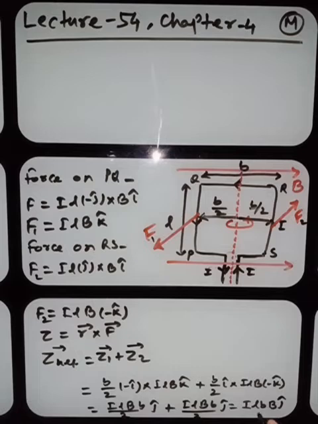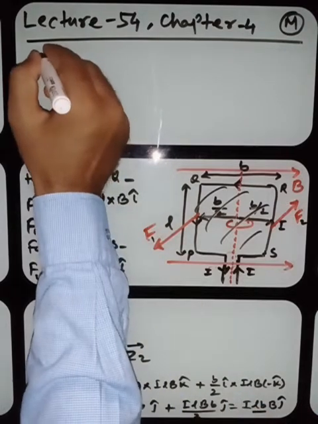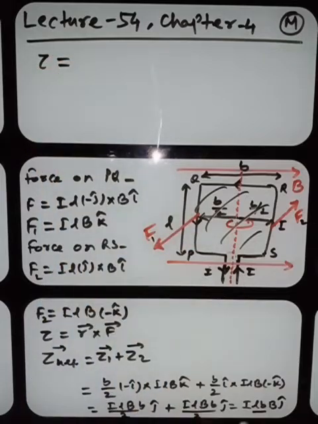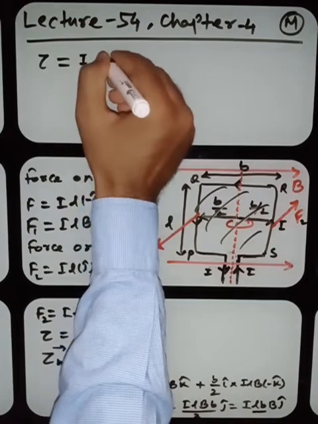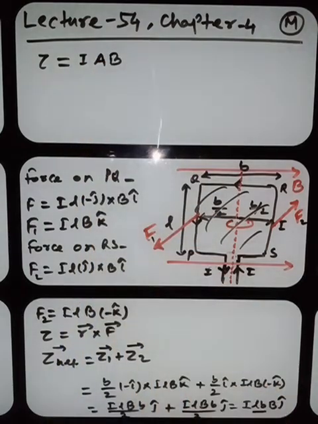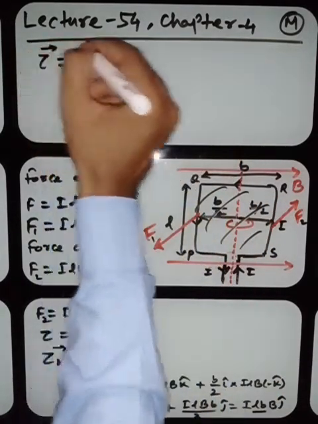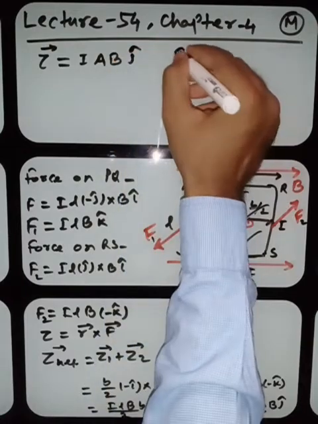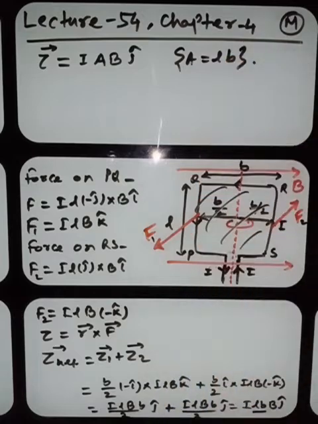You can see, my dear students, this L times b is nothing but the face area of the coil, that is A. So this net torque can be written as I A B. A is the face area and the direction remains same. Here A is L into b, this is the face area.